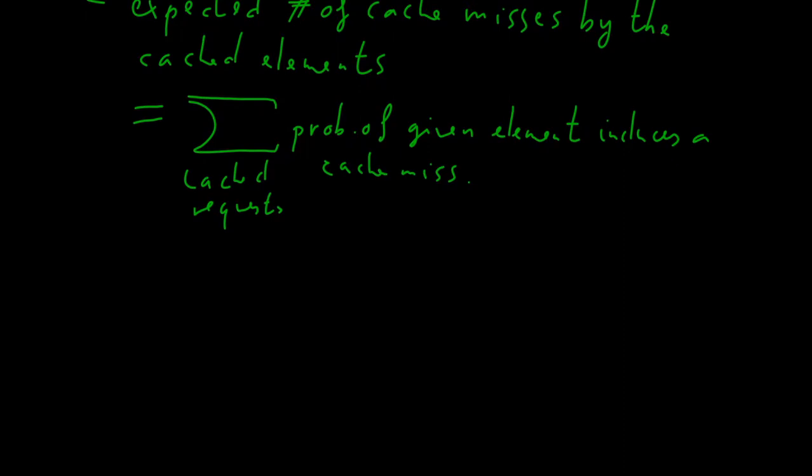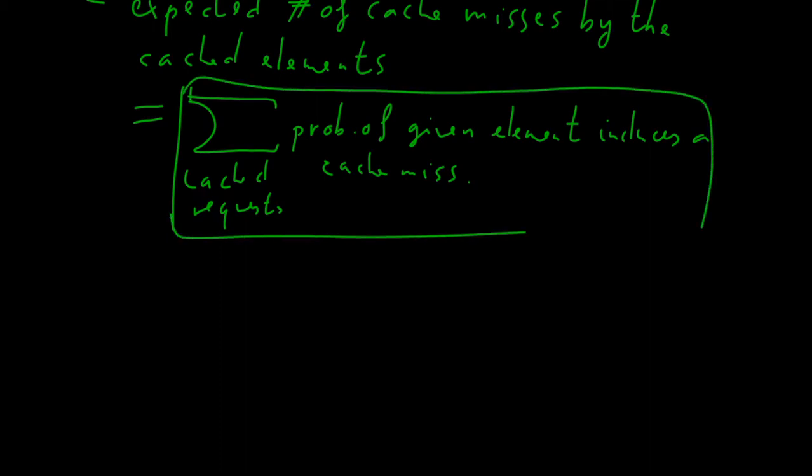So what is the probability of a cached element inducing a cache miss? It's just like this. First I have a cache, and nobody is marked.